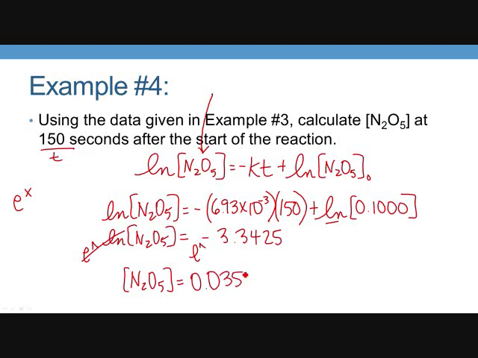And then brackets, we talked about this in the last unit, or the last section. Brackets mean molarity. So this would be another way to solve using the integrated rate law. You have some problems on the homework that once you figure out what order it is, then you have to use the integrated rate law like so to solve for a value.